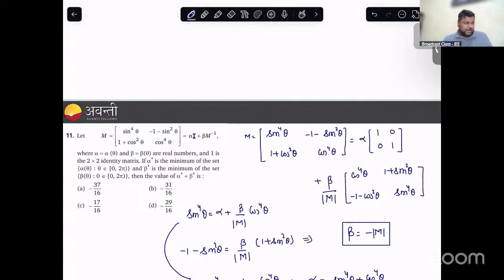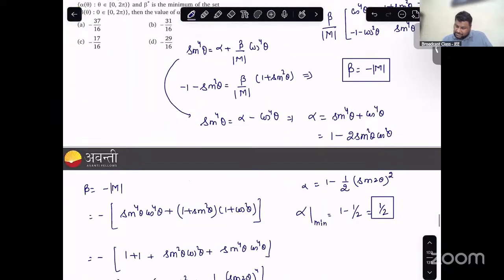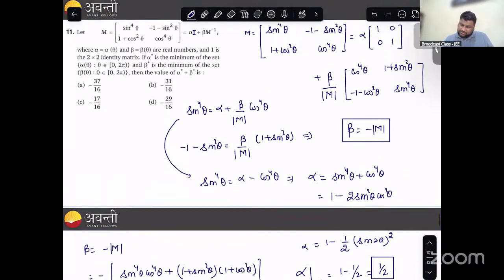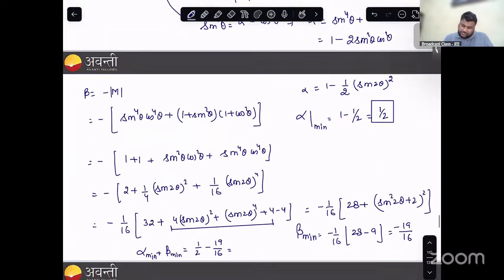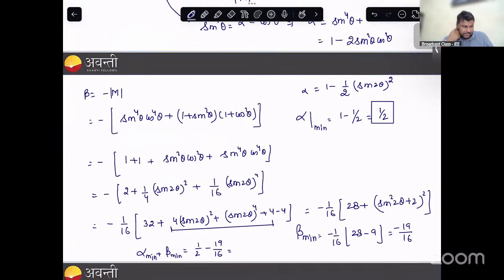Alpha minimum half and beta minimum is, just a moment, sin 2 theta.